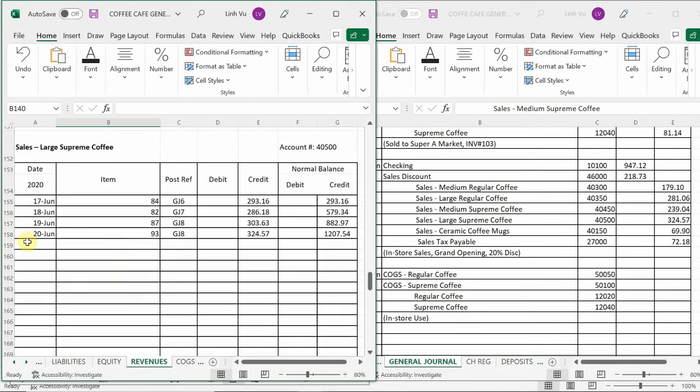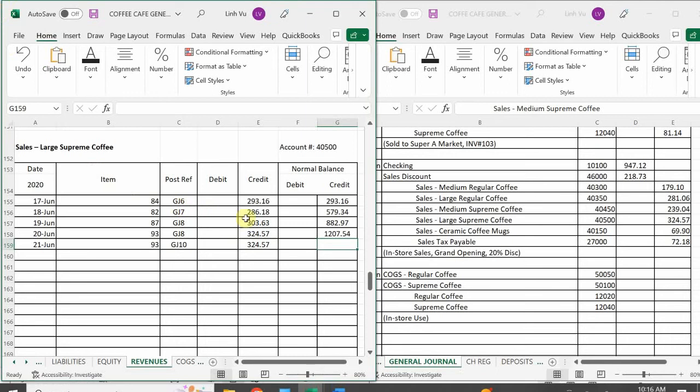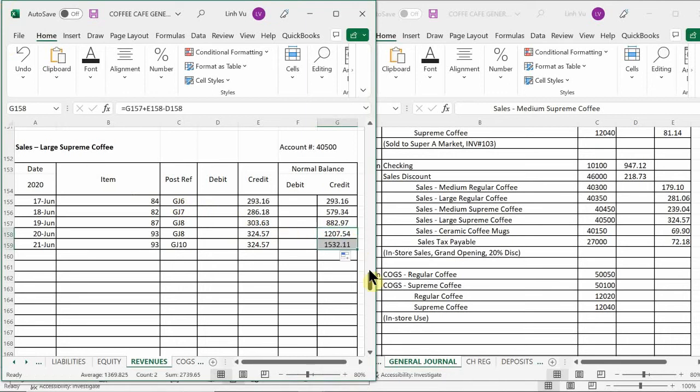Okay, the large coffee is 93 cups and 324.57. Okay, 1,532.11.